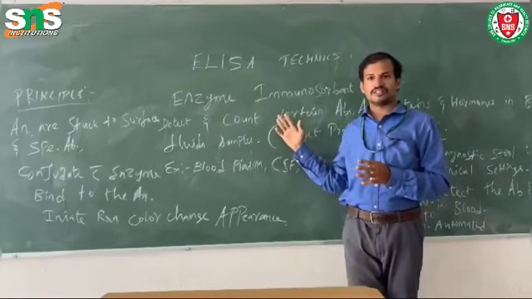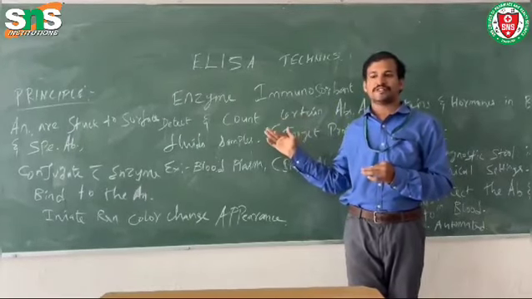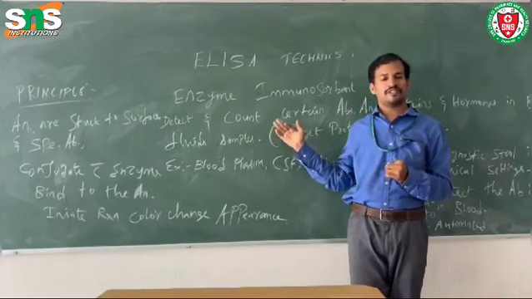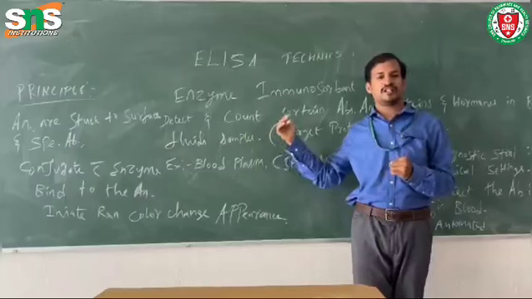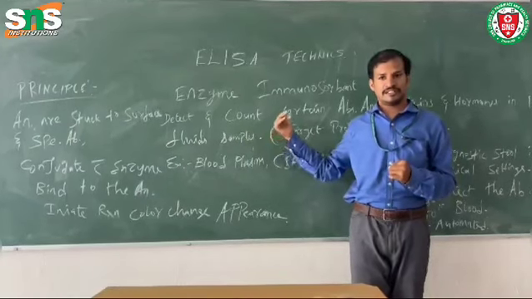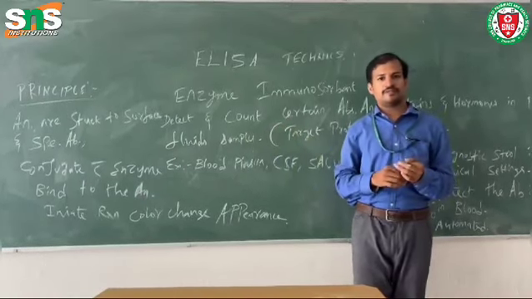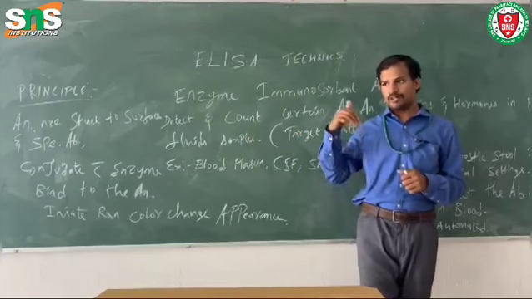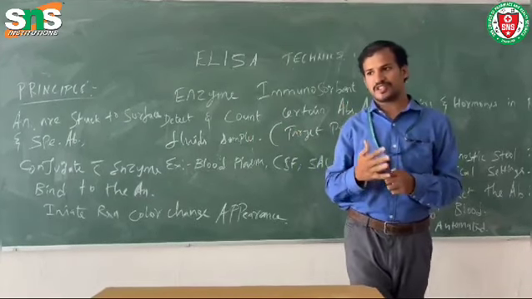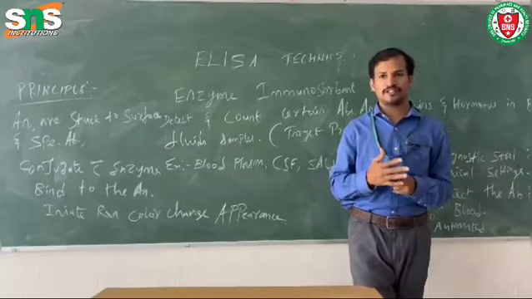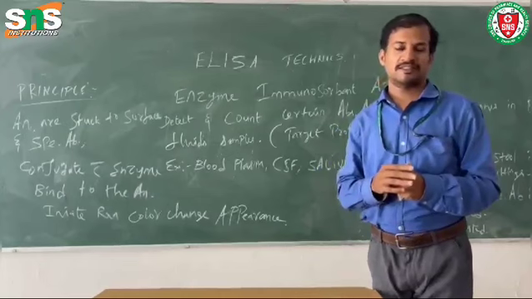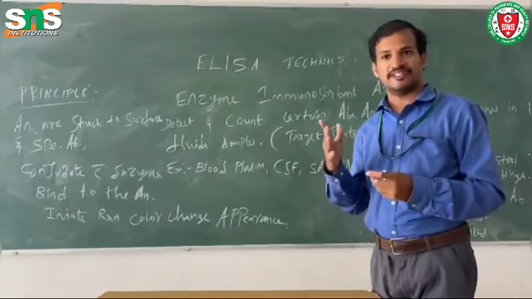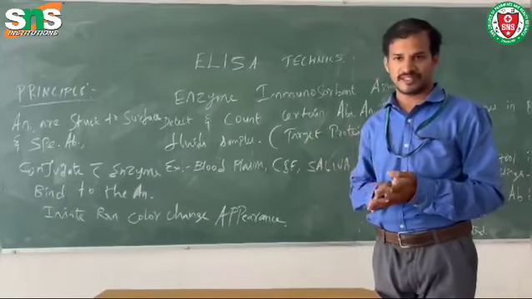So these two types of ELISA are very important for industrial or diagnostic purposes in clinical trials. Many infections or viral infections can be identified easily and rapidly.